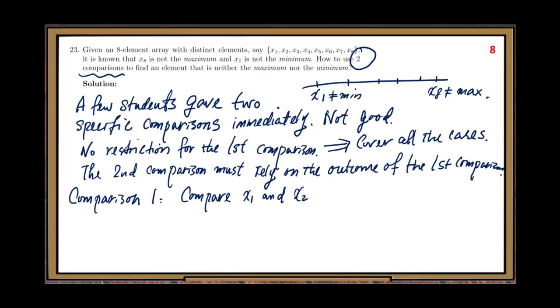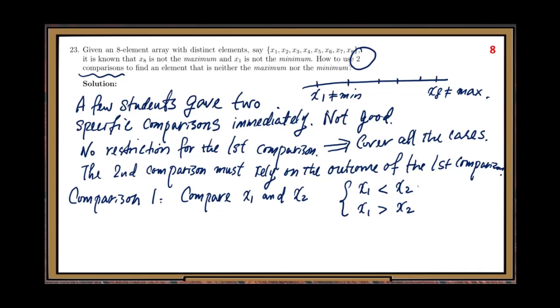There are many ways; this is just one of the possible ways, and you can try other solutions. When we do the comparison, we have two cases. The first one, x1 less than x2. The second one, x1 greater than x2.